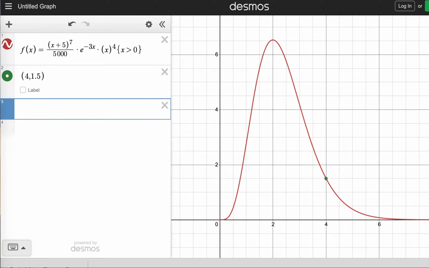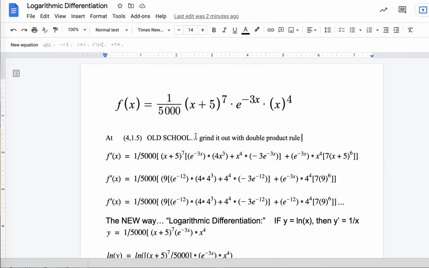Well, the old school method would be to look at the product rule, and it would be the derivative of these three things being multiplied. This constant we can kind of ignore and bring in at the end if we want to. So it'd be these three variable functions. Be the first times the derivative of the second part, which is these two.